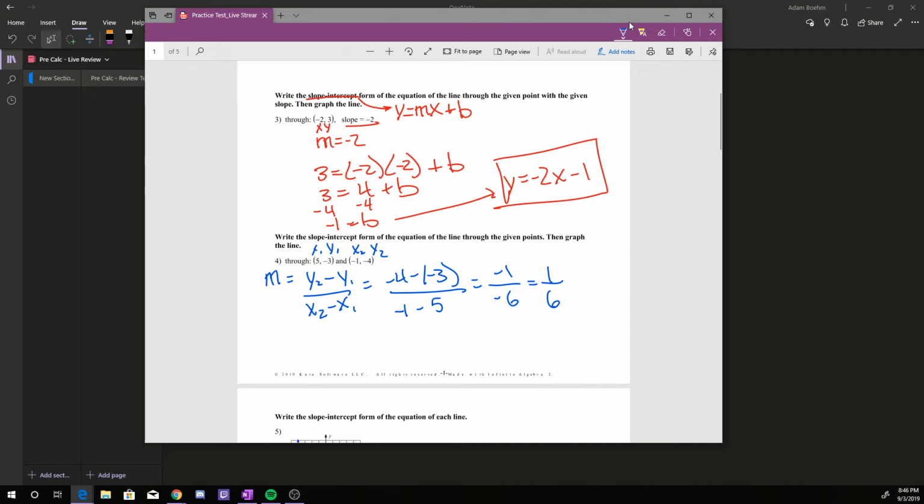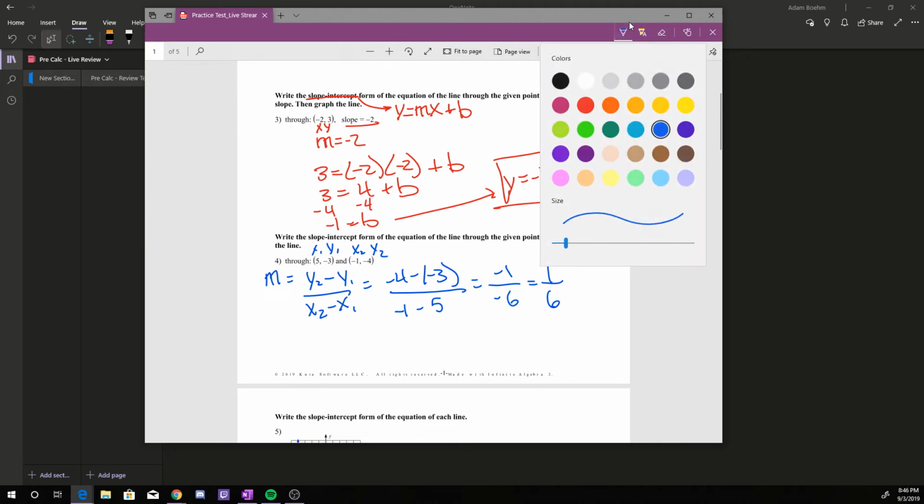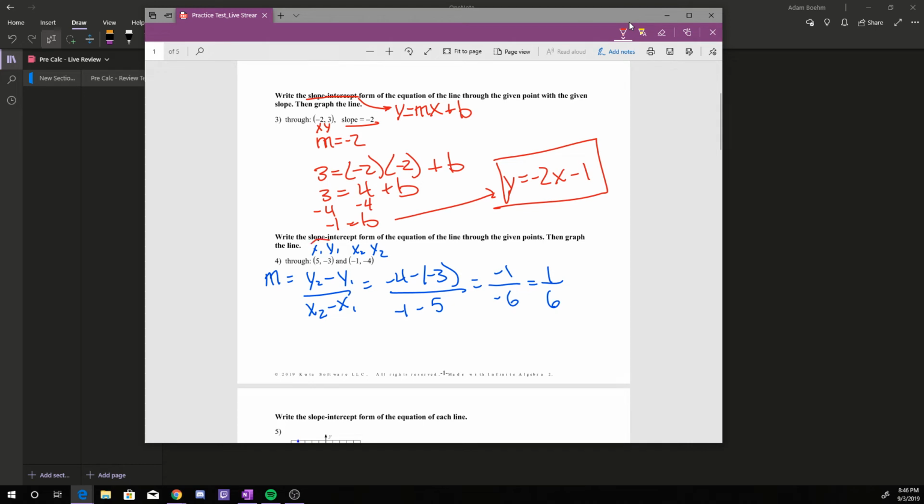And then you can just pick one of those points and do the exact same thing we did before. Alright, so I'm going to pick x1, y1. So we're given x and y, and we're given our slope m. So -3 is equal to 1/6 times 5 plus some number b. So -3 is equal to 5/6 plus b.